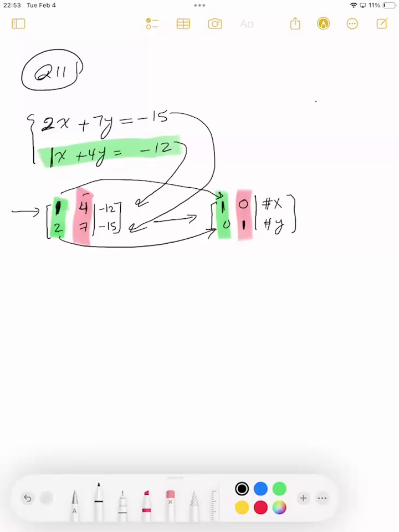We could multiply a row by a number. We could multiply a row by something added to another thing.